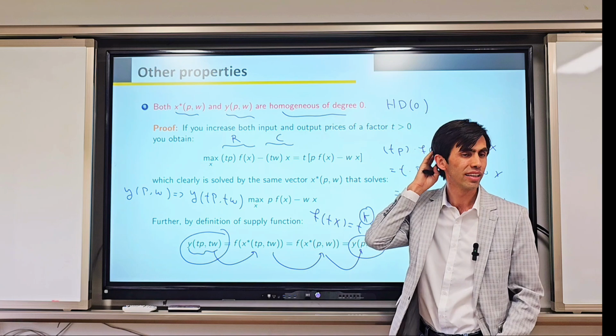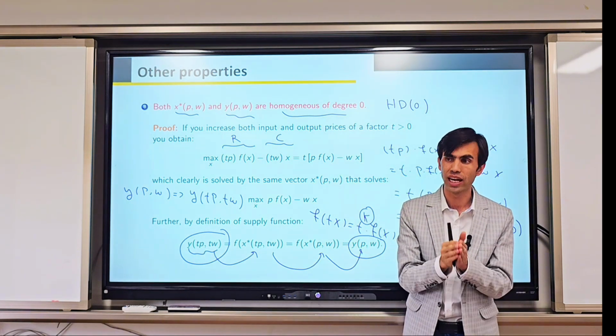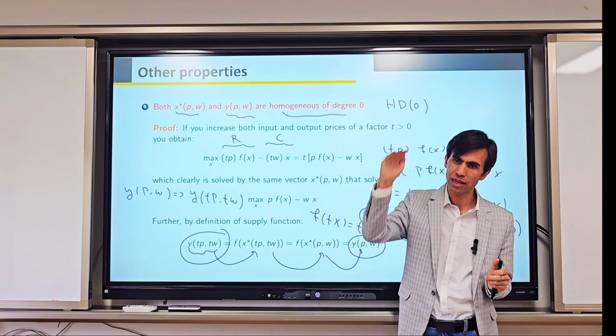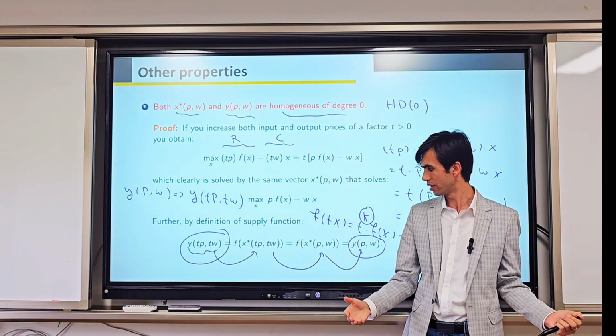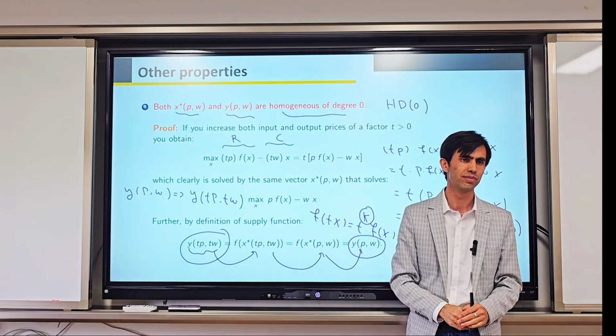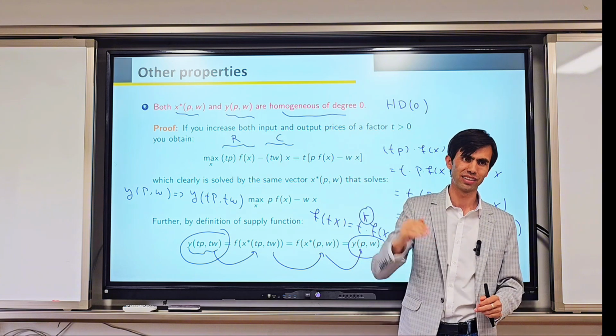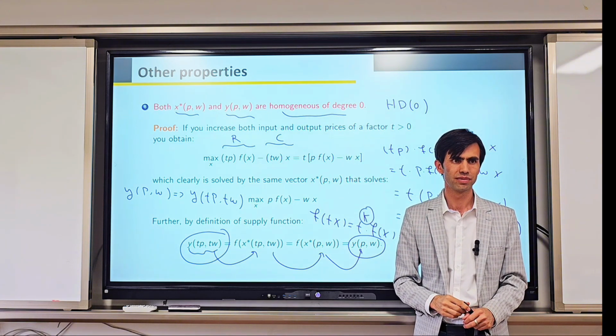Why do you think that is? When both the input price and the output price increase at the same level, what change will happen to your supply and demand for input? Both of them increase at the same level. The output doesn't change.